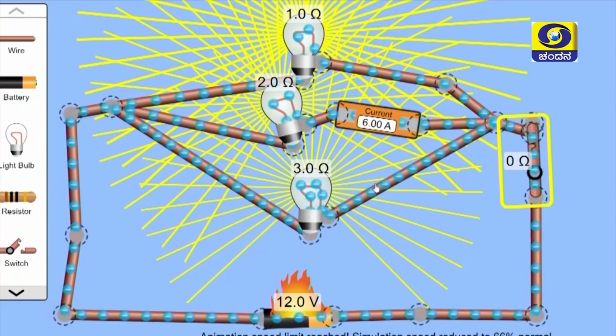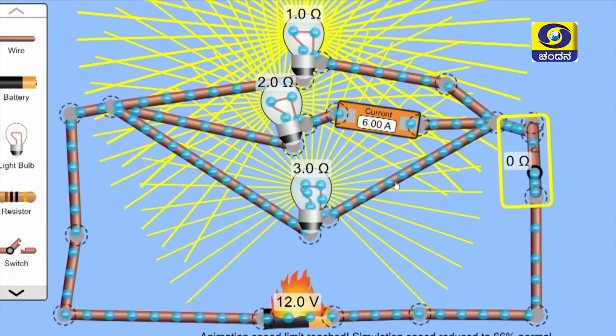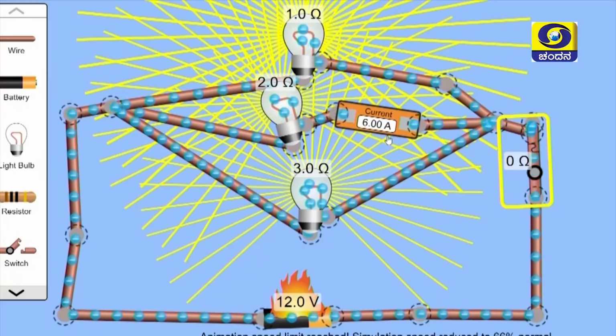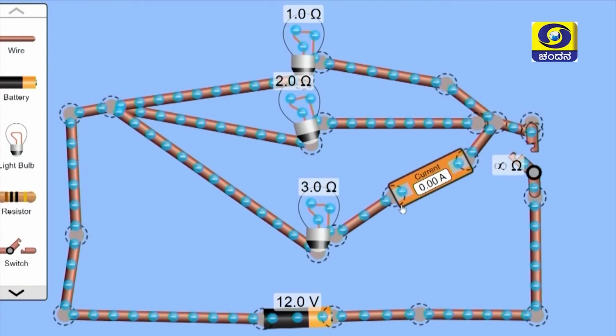So children, what do you think will happen here to the electric current? As you are already observing, 12 ampere at 1 ohm resistor, 6 ampere at 2 ohm resistor. What will happen at 3 ohm resistor? You already know that it will vary.